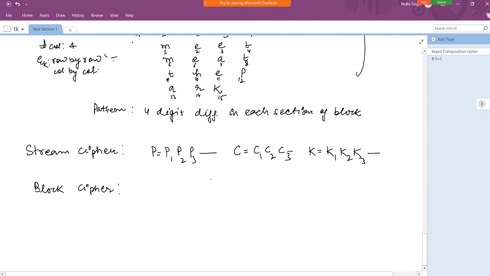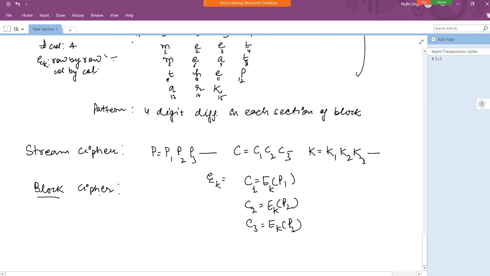In that case, the encryption algorithm says that to generate the ciphertext C1, you apply the encryption algorithm over P1. For C2, the encryption algorithm will be applied over P2. Means for each separate alphabet you perform the encryption algorithm along with the key. So C3 will be EK of P3. So that is called the stream cipher.